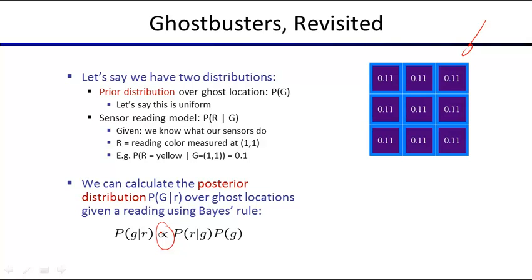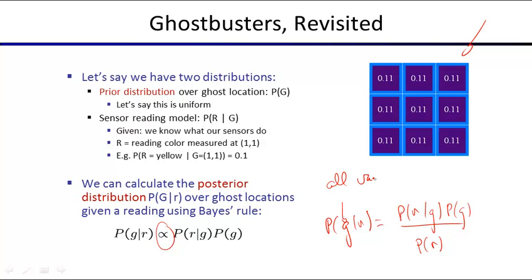What is that thing? What we really should be computing is P of ghost given R equals P of R given ghost, times probability of ghost, divided by probability of R. And we'll do this for all values of G. What does that mean?